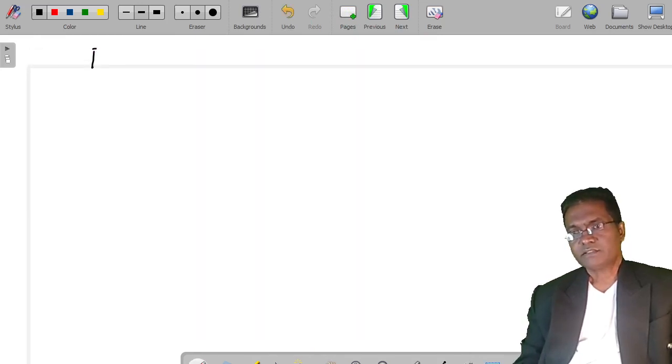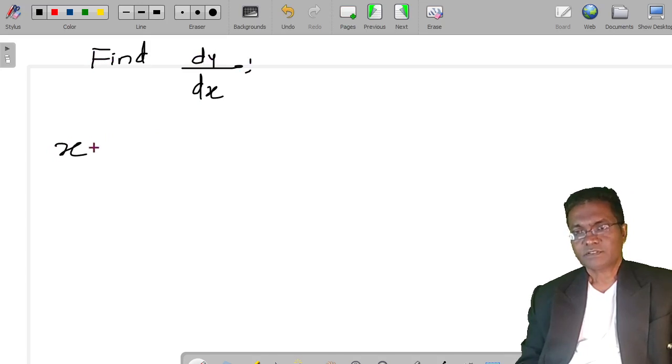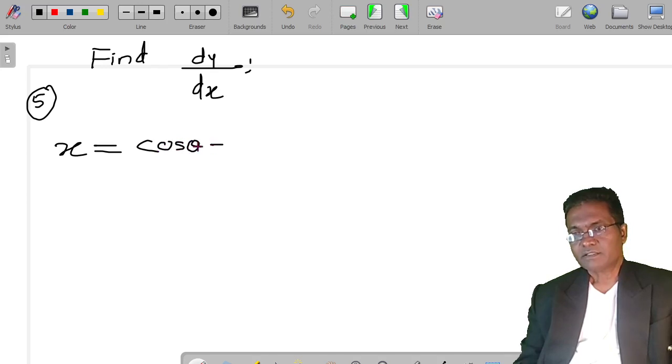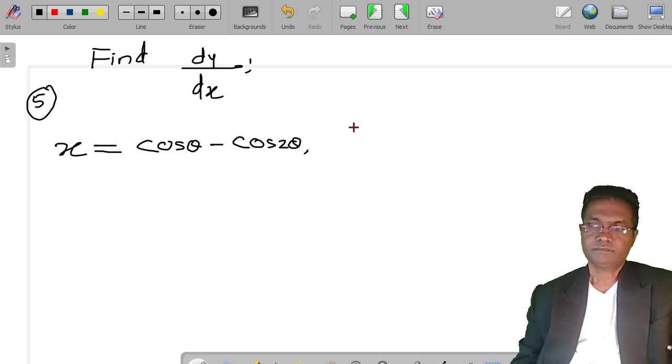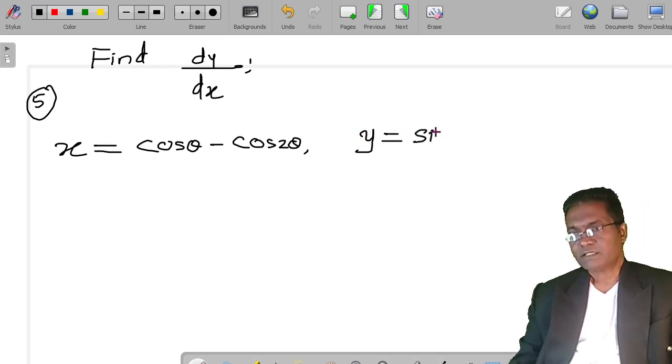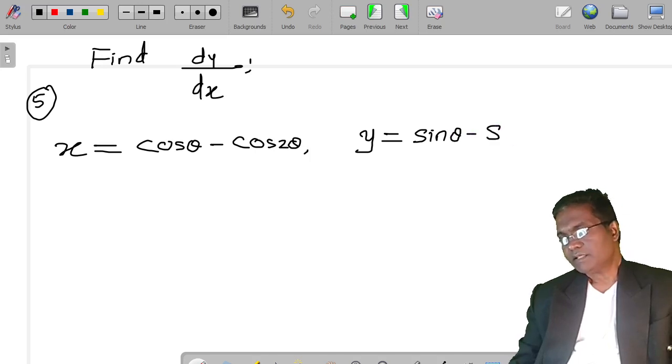So find dy by dx. This is example number 5 of exercise 5.6. x is equal to cos theta minus cos 2 theta, and y is sin theta minus sin 2 theta.